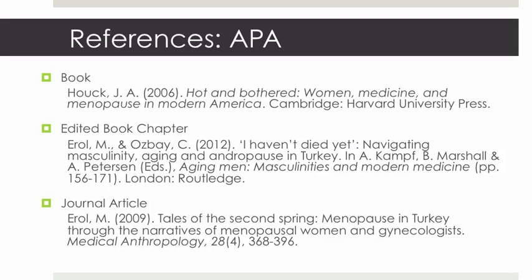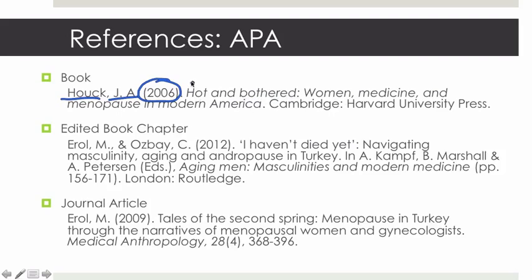The way you cite a book is you start with the surname of the author, followed by the initials: surname, then first initial, middle initial. Then you give the date in parentheses, and then you give the title of the book in sentence case, so you do not capitalize all the words.